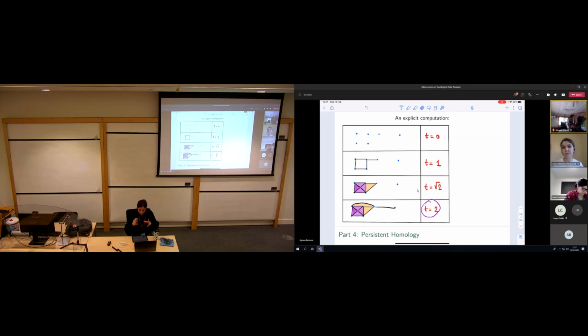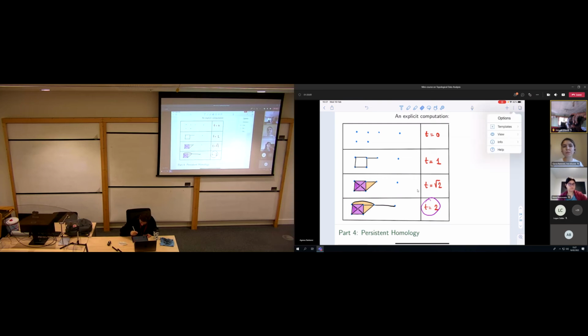So this is supposed to summarize all the information I gathered. From t equals 0 to t less than 1, my set of points has b0 equal 6 and b1 equal 0. I'm not talking about b2 because I don't have it, so I'm not going to write it. From t equal 1 to t less than square root of 2, I have b0 equal 2 and b1 equal 1.